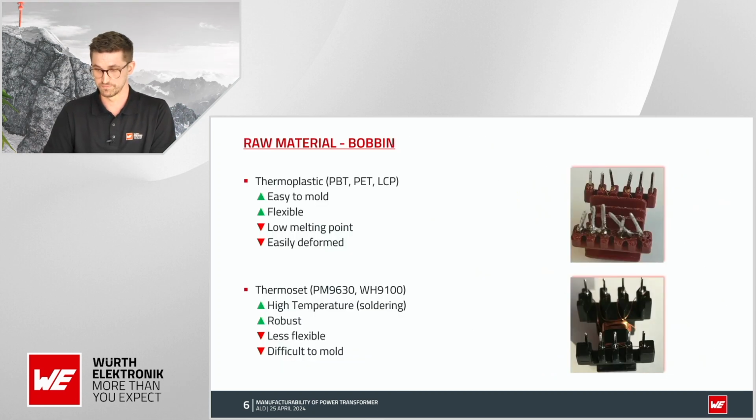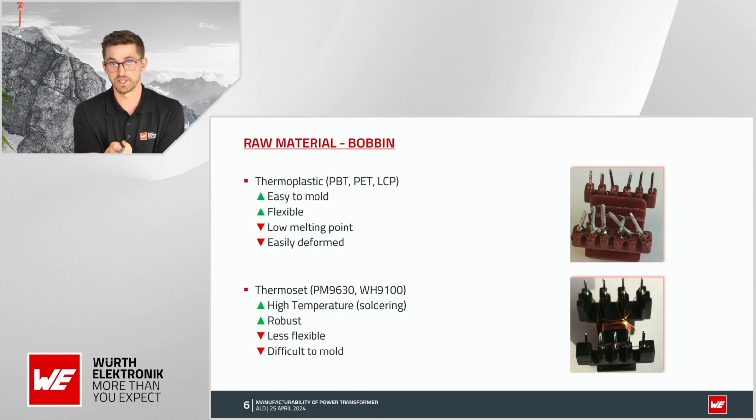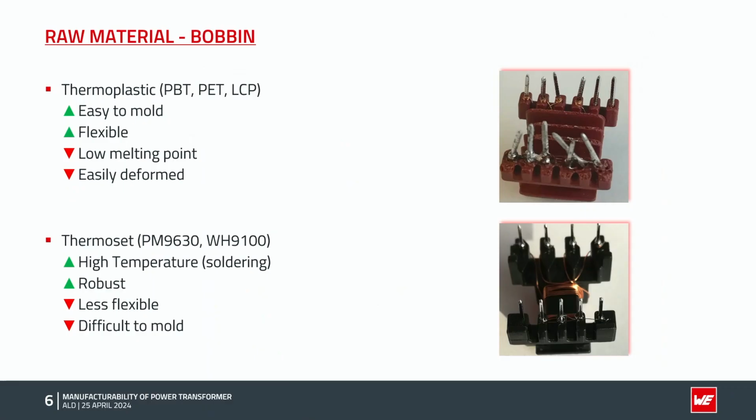Once we have chosen our core, we need to pick a bobbin on which to wind the copper wires. And broadly speaking, there are two main categories of plastics used to realize bobbins: thermoplastic and thermoset. From the pictures, you can see the results after soldering a thermoplastic, here, versus soldering a thermoset.